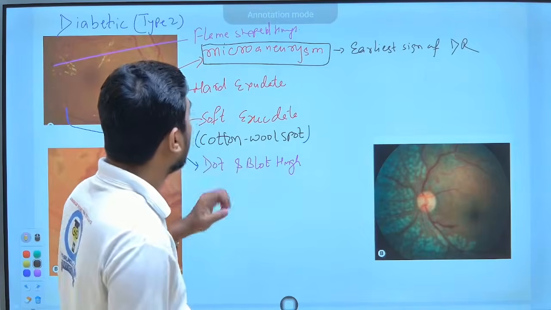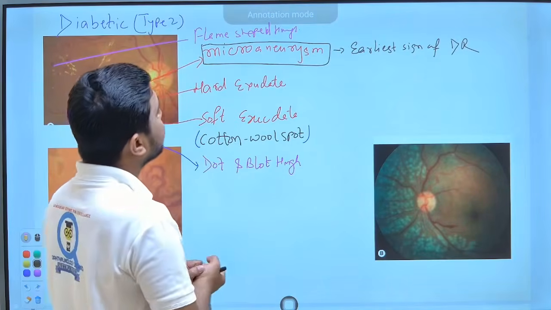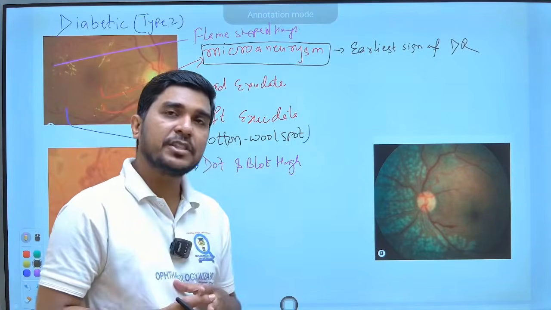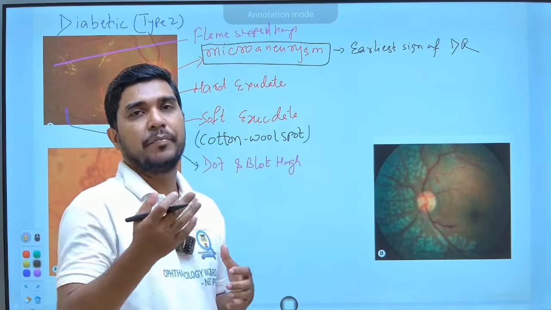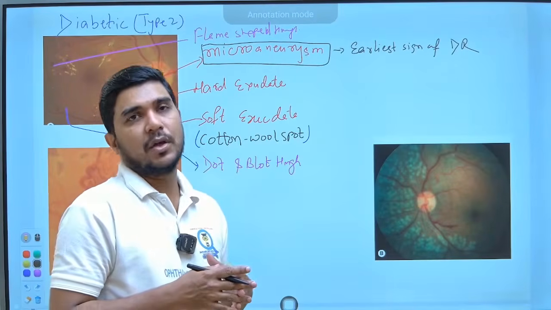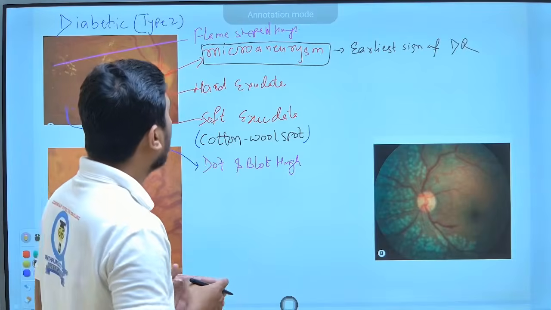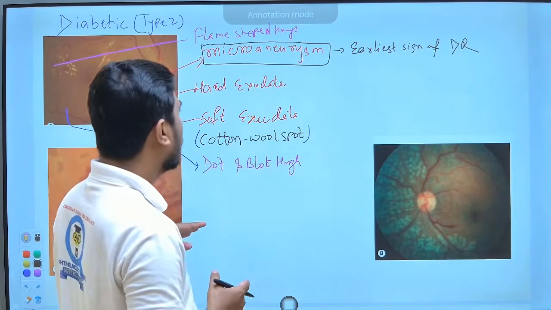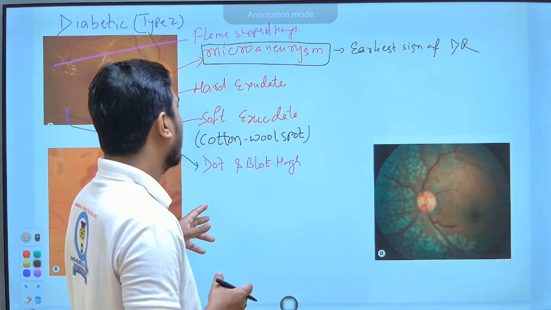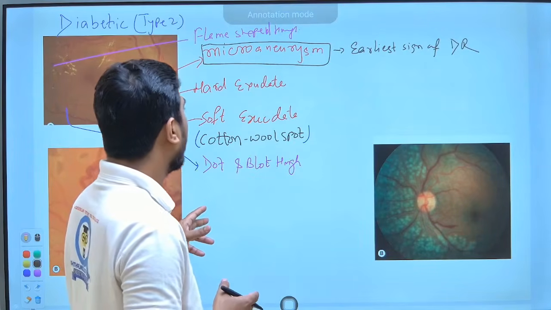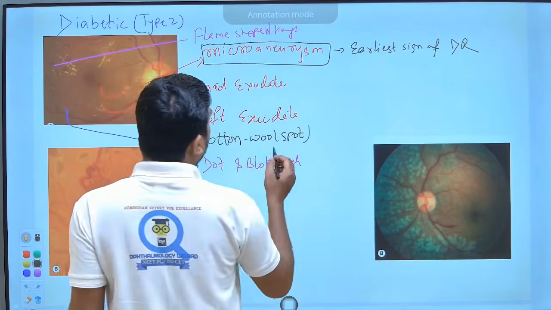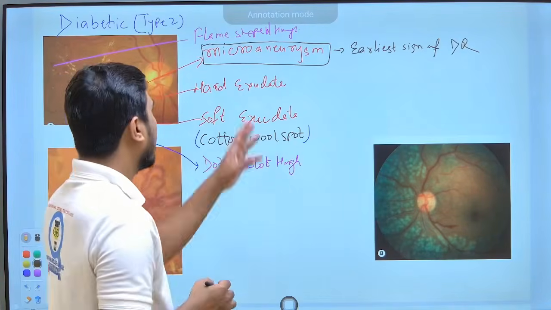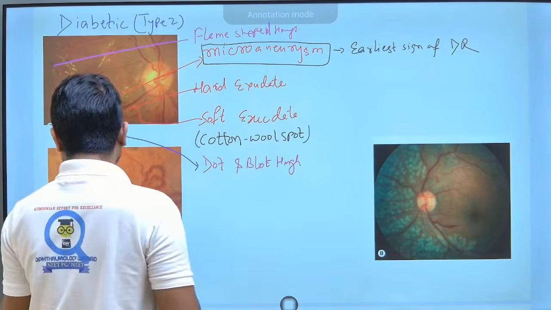Coming to the next point, where is the microaneurysm present? Now coming to the hard exudates, we will talk about the microaneurysm portions later.